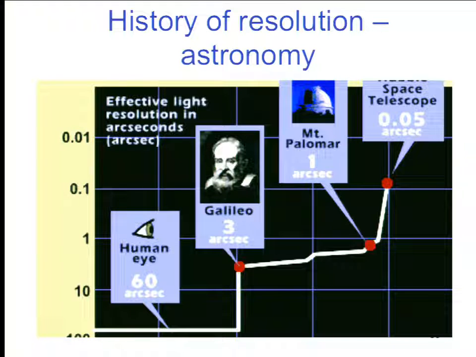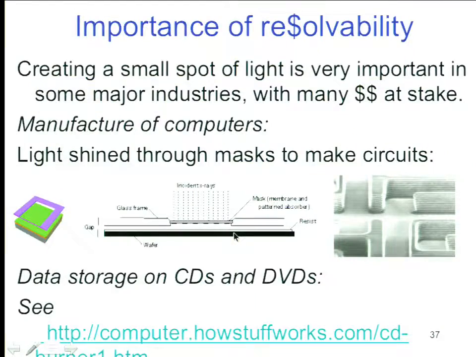You can judge by the angle. When Galileo made his telescope, it improved things 20-fold. That is, you could see even a smaller angle.